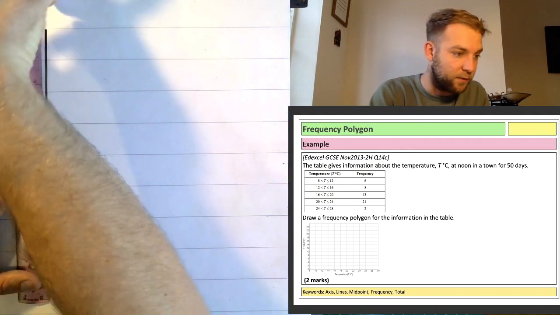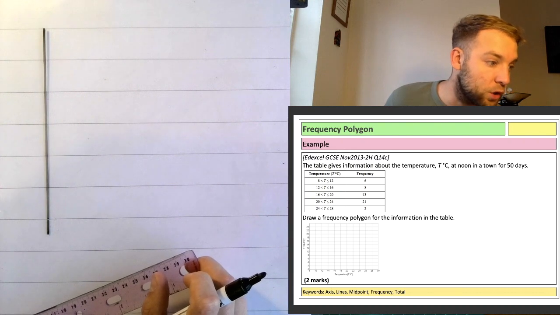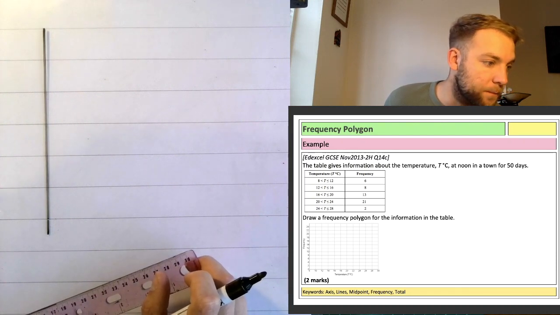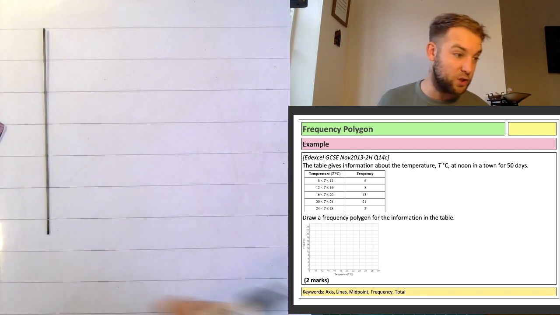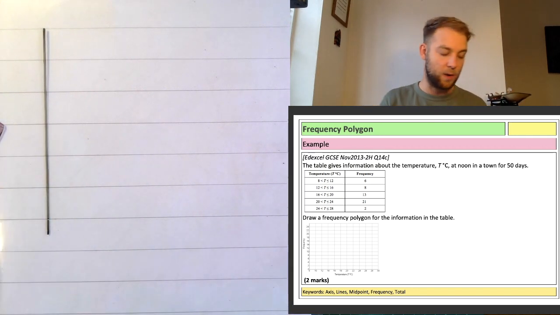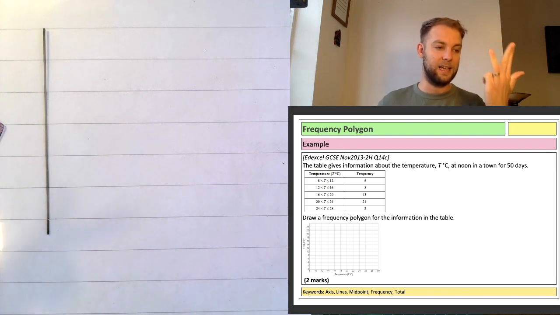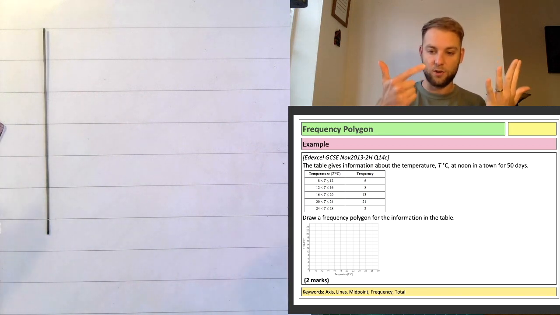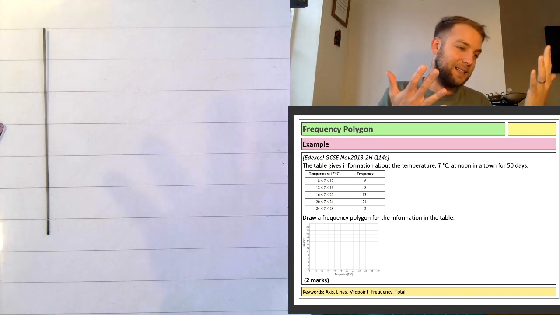And I'm going to go up in 4s. I need to go across from 8 to 30. So 8, they've gone up in 2s, so I'm going to stick with that. So 8, 10, 12, 14, 16, 18, 20, 22, 24, 26, 28, and 30.